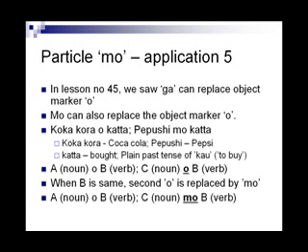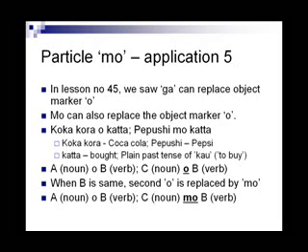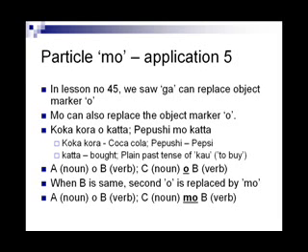In lesson number 45, we saw ga can replace object marker o in some contexts. These were with tai form verbs and potential verbs. Mo can also replace object marker o, but it does not require a special category of the verb for such an application. It requires the verb associated with two such objects and the rest of the context to be the same.